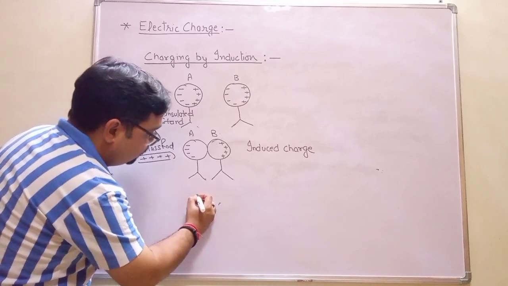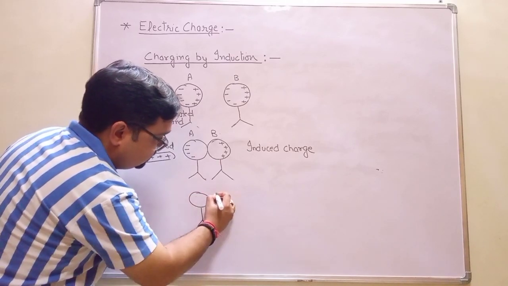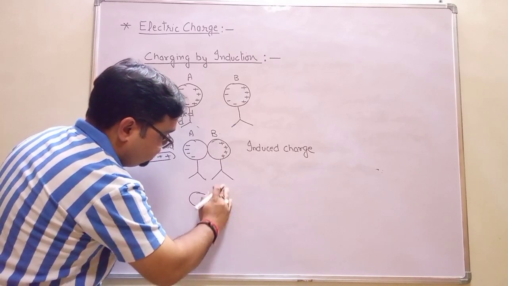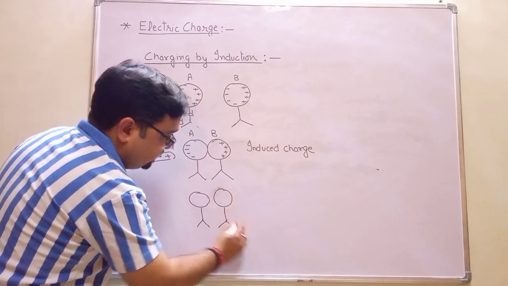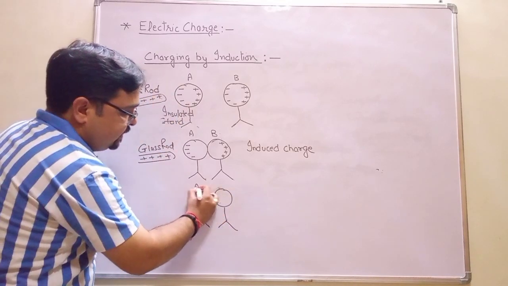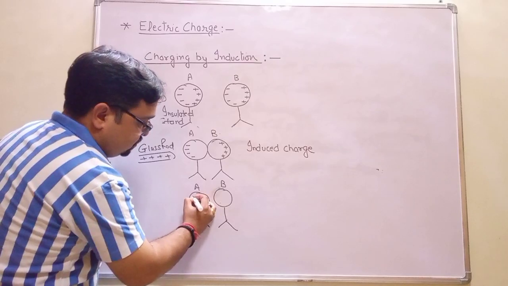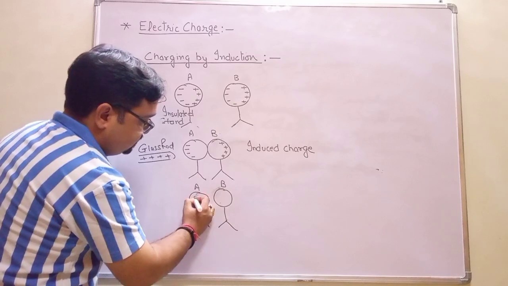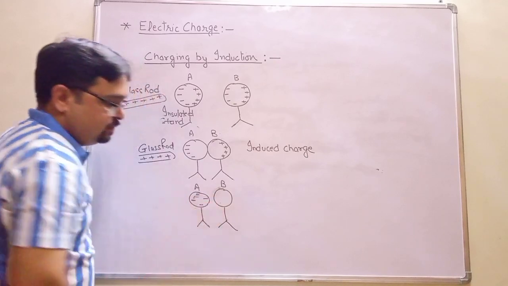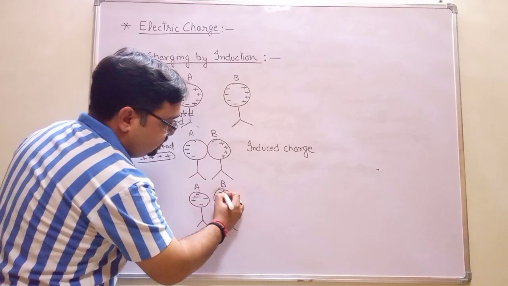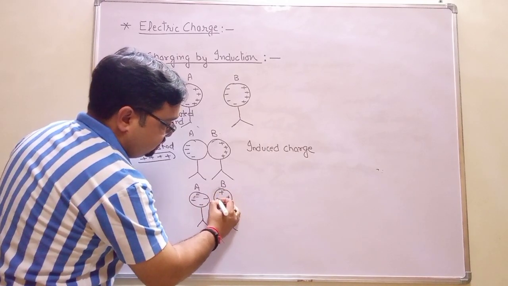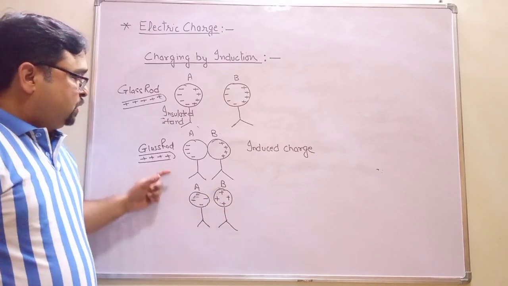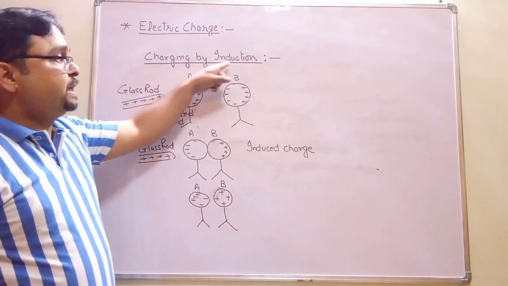Glass rod is removed, and again there is some distance between the two metal spheres A and B. So this negative charge will be uniformly distributed, and positive charge will also get uniformly distributed in metal sphere B. So this is called charging by induction.